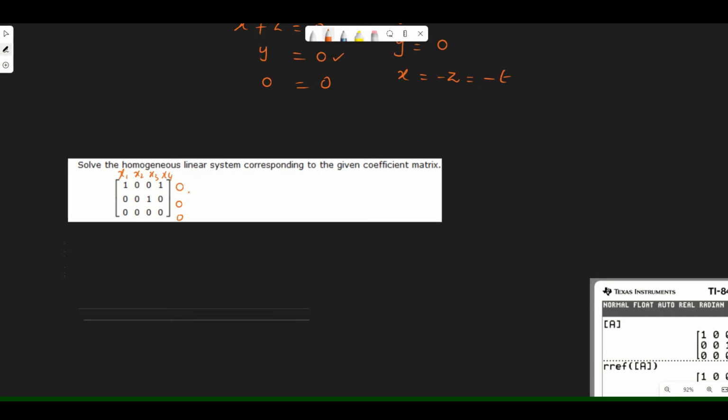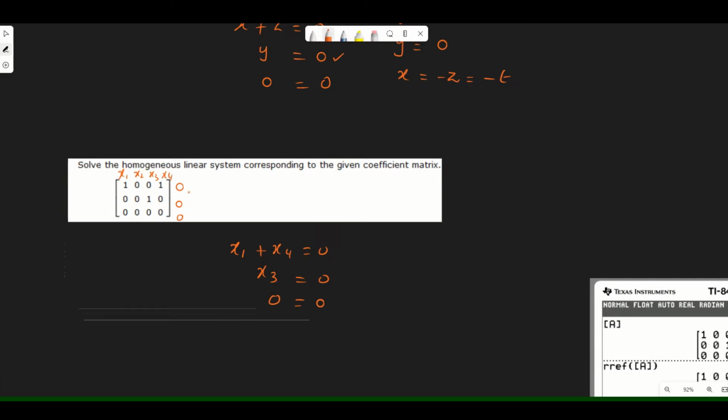Now when you rewrite this equation, you know that it is 1x1 plus x4 equal to 0 from the first equation. 1x1, 0x2, 0x3, 1x4 is 0, so x1 plus x4 is 0. From the second row, I have 1x3 is 0. And the third one is all 0.